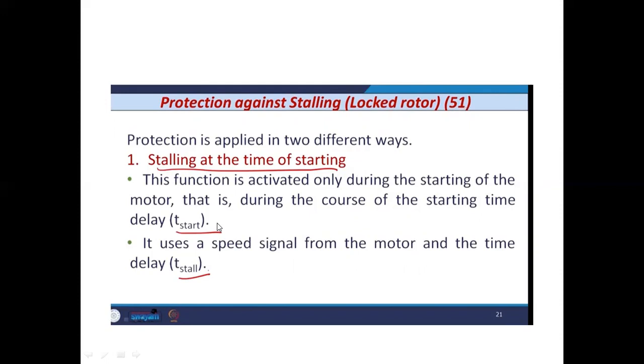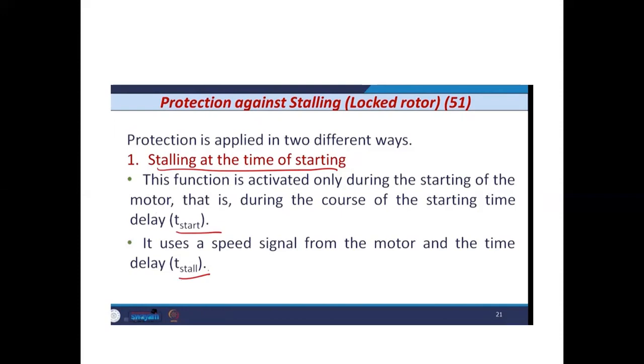So T start is to be specified. It uses a speed signal from the motor and a time delay, that is T stall. One is T start and the other is T stall. T stall is the delay time, and the starting time is T start.